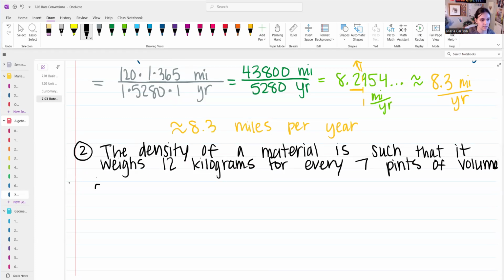Express this density in pounds per fluid ounce.